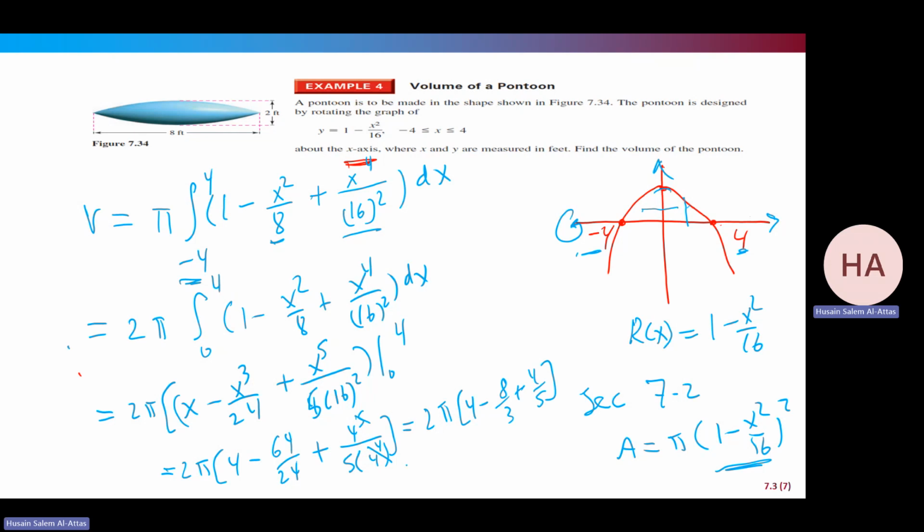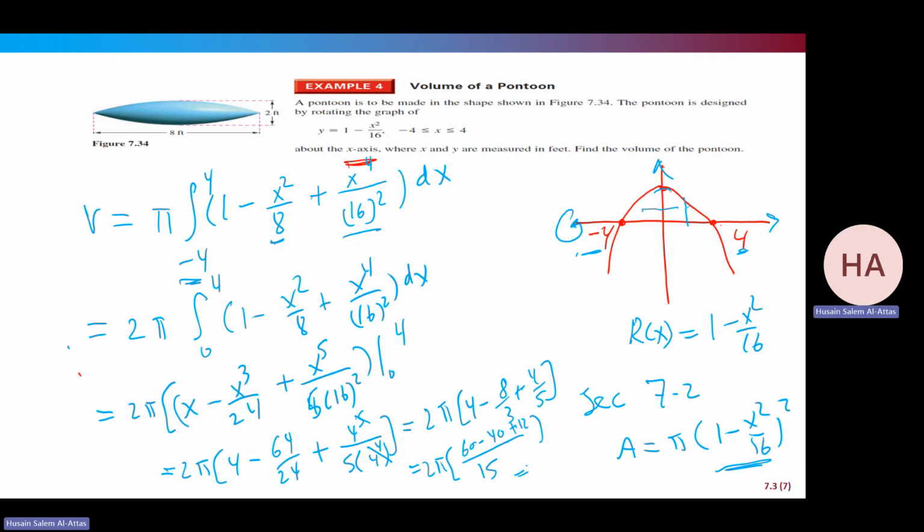Okay, so that will be what? 2 pi, I make it out of 15. 15 times 4, that will be 60. 15 over 3 is 5 times 8, that is 40. 15 over 5 is 3. That will be plus 12.